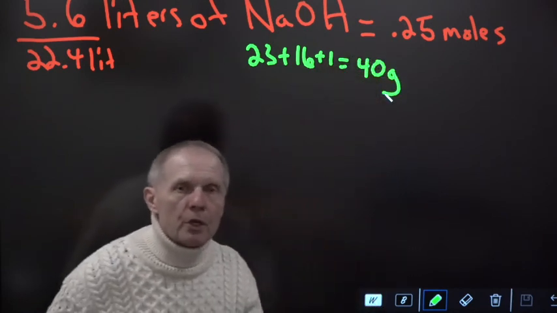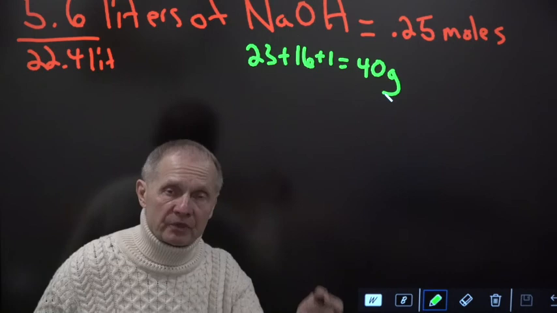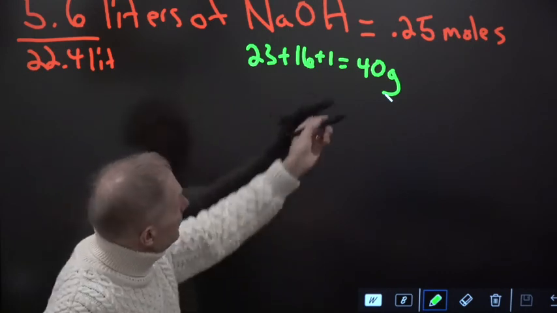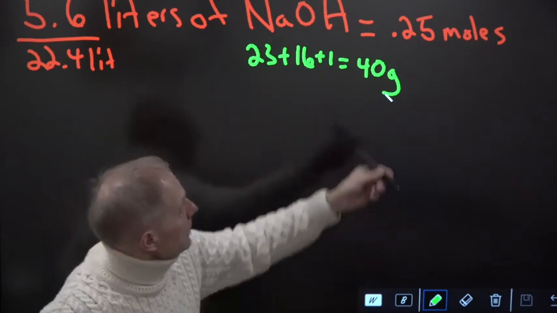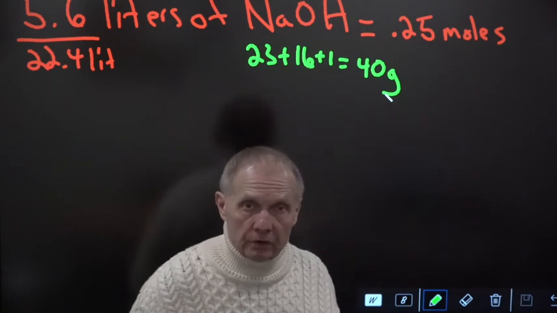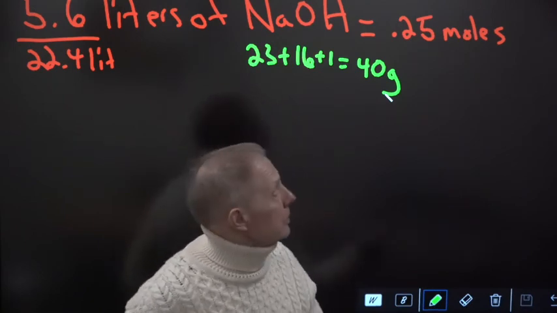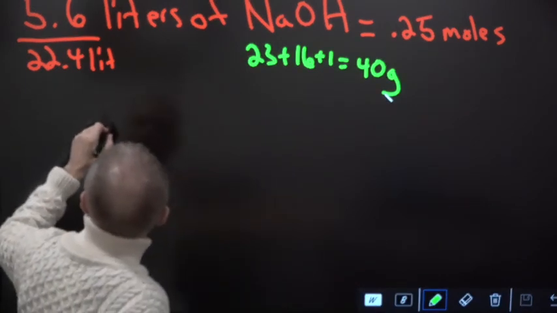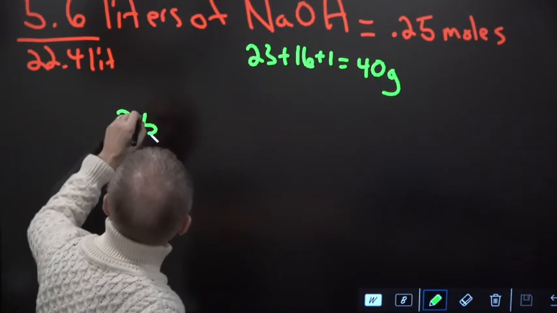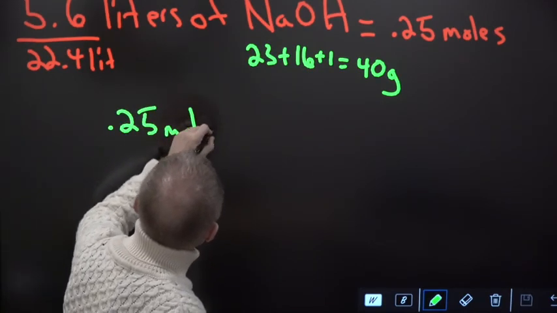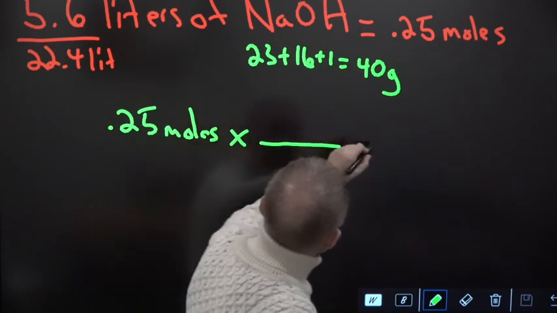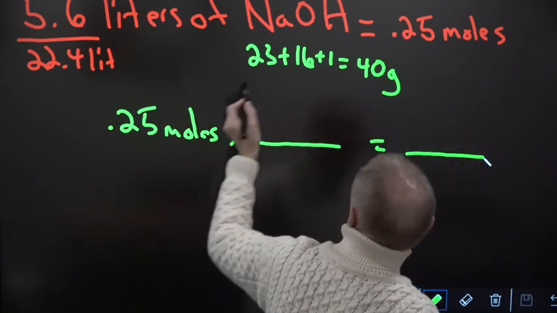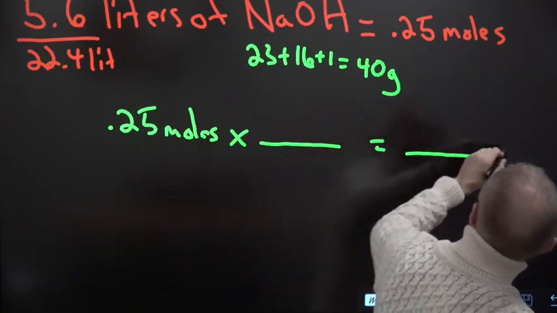So the molar mass, or how many grams in 1 mole of NaOH, is 40. But I only have 0.25 moles. So what I would do is this. 0.25 moles, and I want to get into grams.